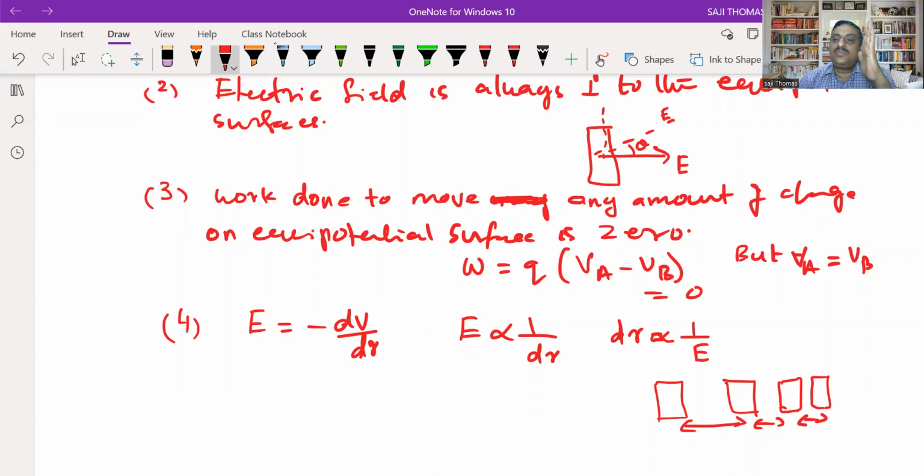If electric field is not perpendicular, if it is making an angle like this, then there is a component of electric field along the surface that makes the electrons move over the surface. It is not possible. Electrons can move only when there is a potential difference. So there is no potential difference. Okay. Work done to move any amount of charge on an equipotential surface is 0. These are the properties of equipotential surfaces.